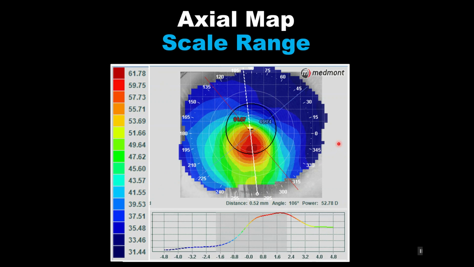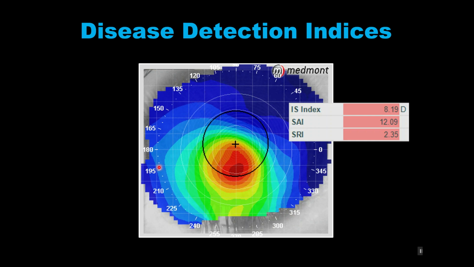Research suggests to us when the power distribution or the scale range is greater than 10 diopters, that's indicative of an abnormal cornea. So one of the very quick and easy things we can do to determine if we have an irregular cornea is just look at that scale range of power distributed across the cornea on the axial map. Over 10 diopters, and that would be considered abnormal, possibly diseased.